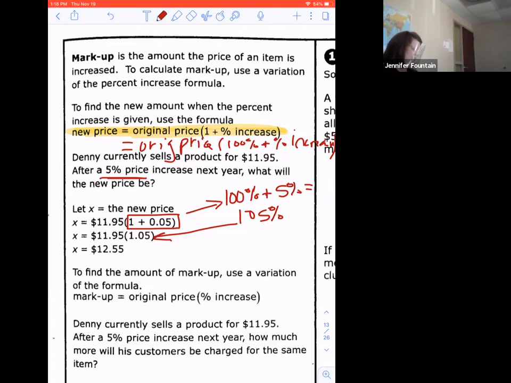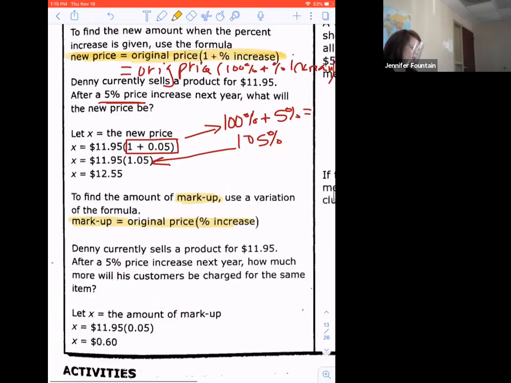Now, a variation of that: if I just wanted to find out what my markup amount was. Now, the first one was where I'm telling what the actual new price would be. If I just wanted to look at what my markup amount is, then I would have markup equals original price times percent increase. And let's look at a similar situation with that.